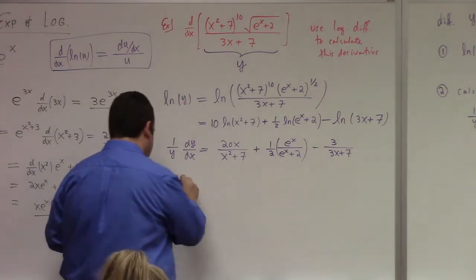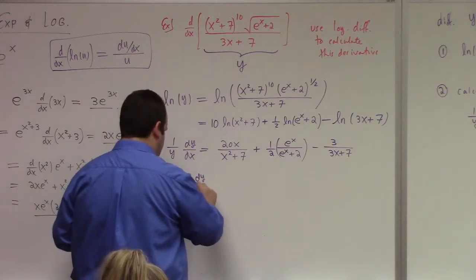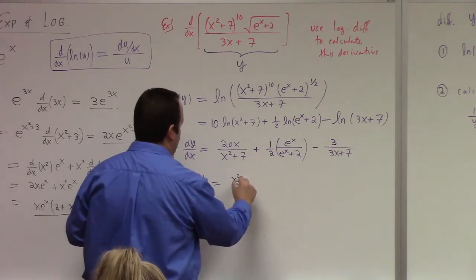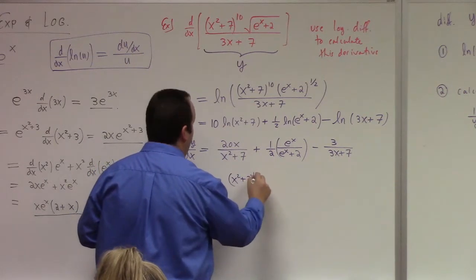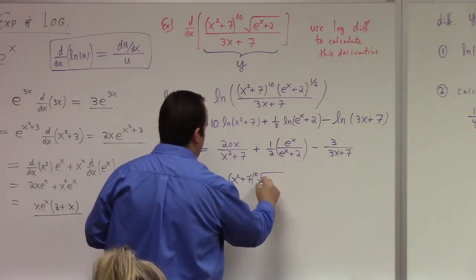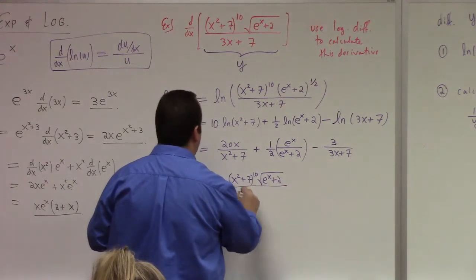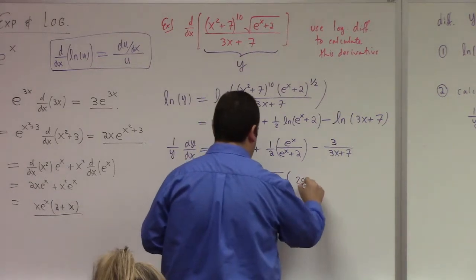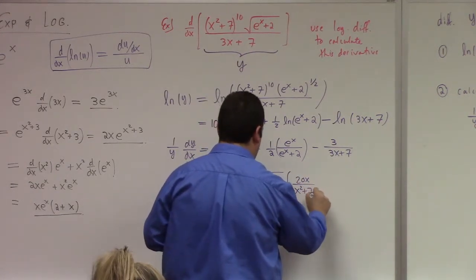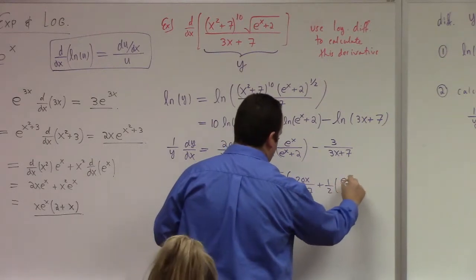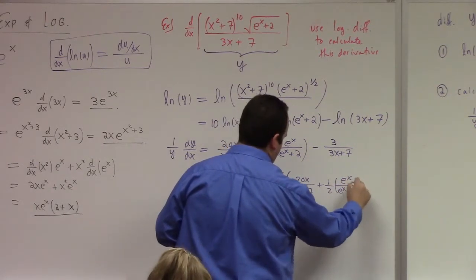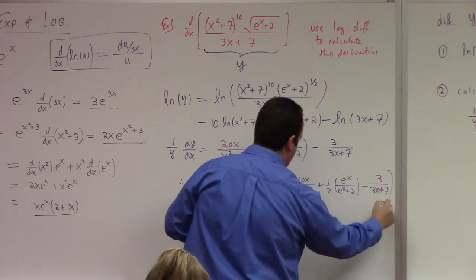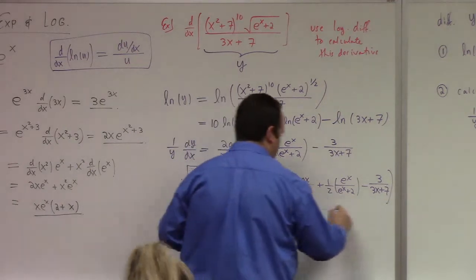Therefore, dy/dx is equal to (x squared plus 7) to the 10th power times the square root of e to the x plus 2, divided by 3x plus 7, times parentheses 20x over x squared plus 7, plus 1/2 e to the x over e to the x plus 2, minus 3 over 3x plus 7, rather. And there you have it.